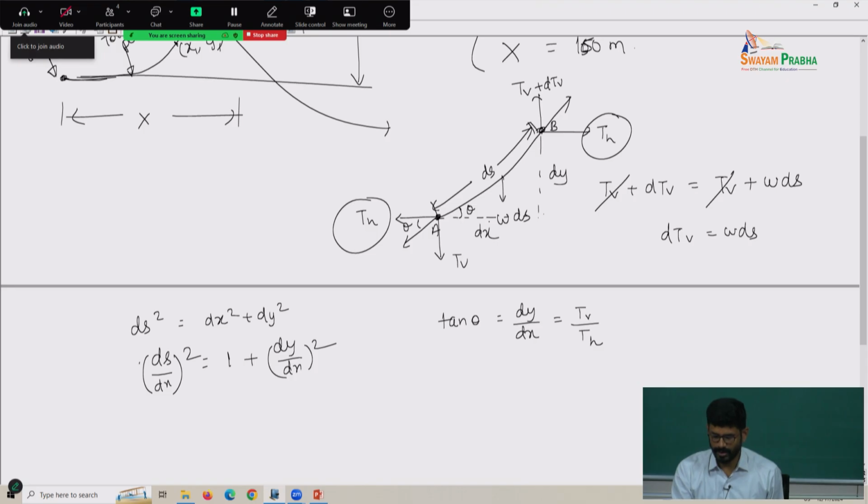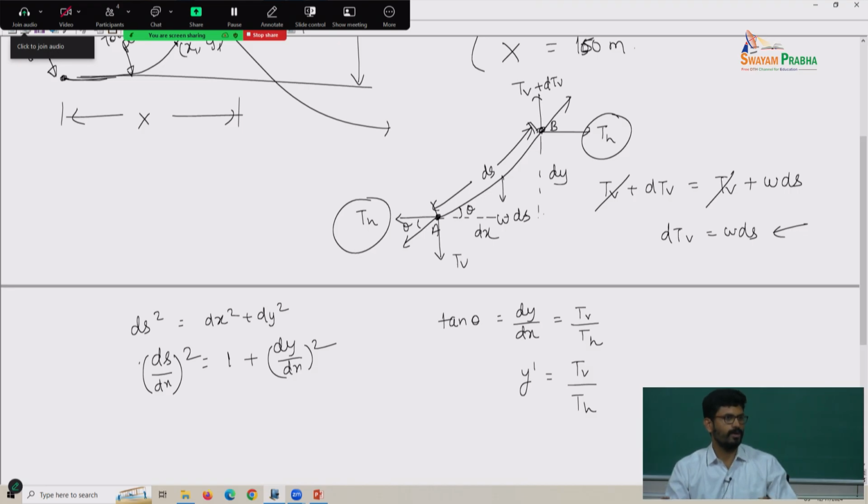Tan theta equal to dy by dx, tan theta equal to this Tv by Th. So this dy by dx you can write as y dash, right sir? So y dash equals Tv by Th, correct?